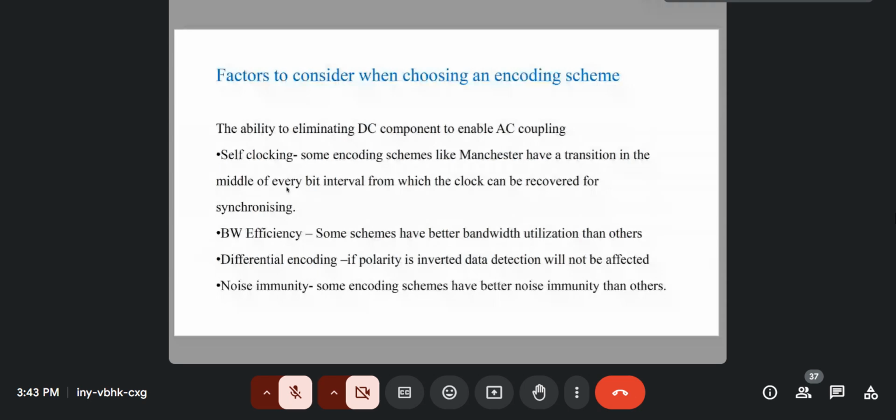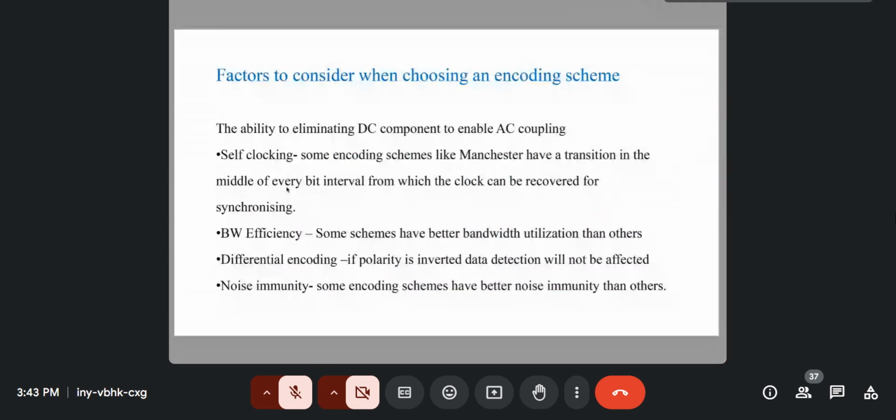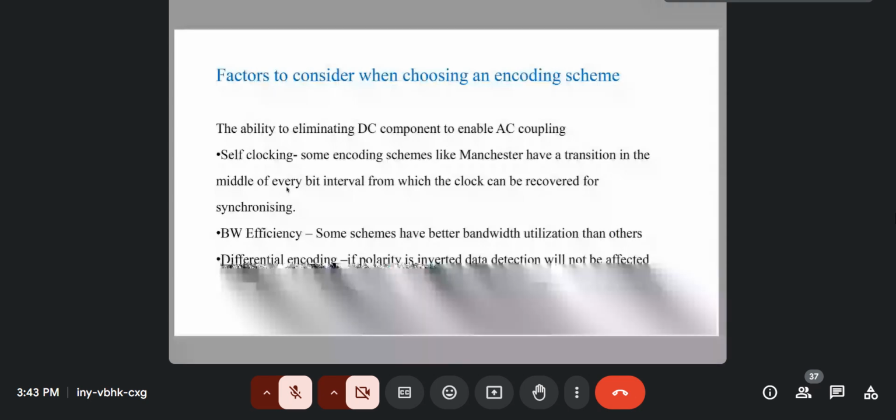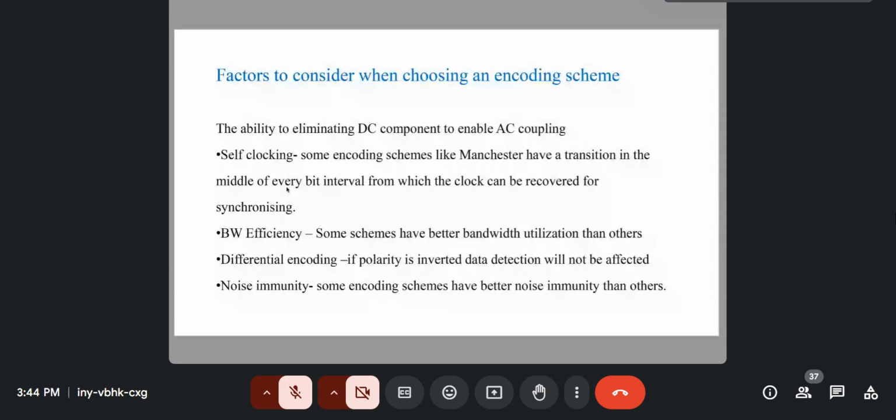Another important property is self-clocking. We like a self-clocking encoding scheme, like Manchester. When you say it is a self-clocking encoding scheme, it means there is a transition. Remember, a clock transitions at every period interval.